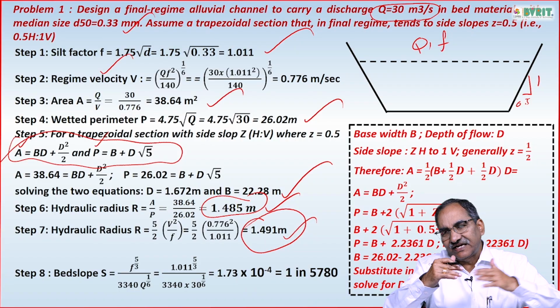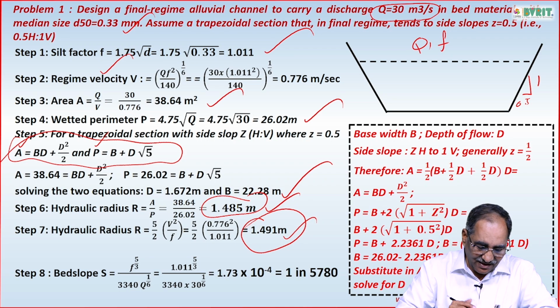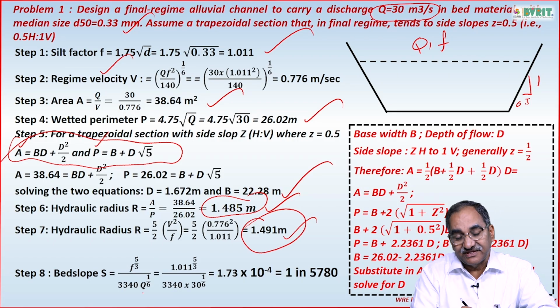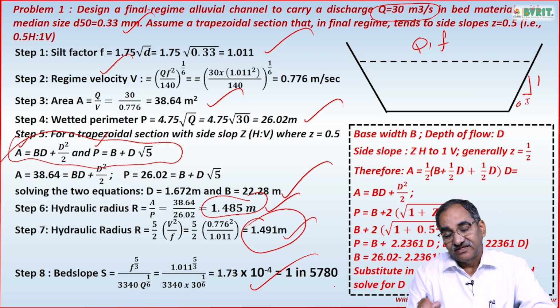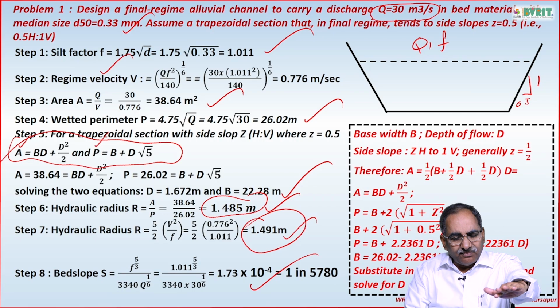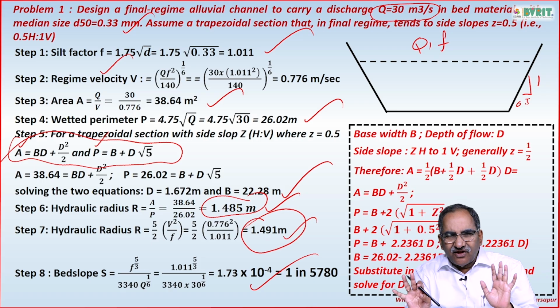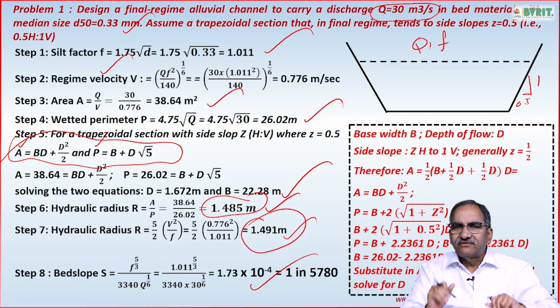That means whatever B and D values you are getting are correct. Then the bed slope equation: F to the power of 5 by 3 divided by 3340 Q to the power of 1 by 6. Solve for it. So problem solving is straightforward and nothing complicated, no trial and error, no assumptions.